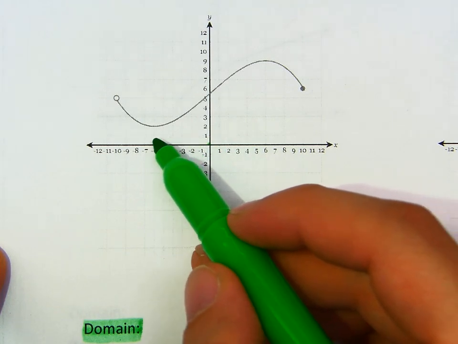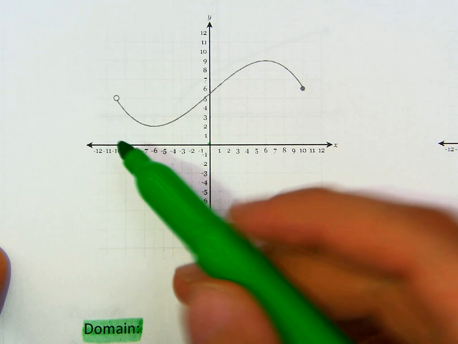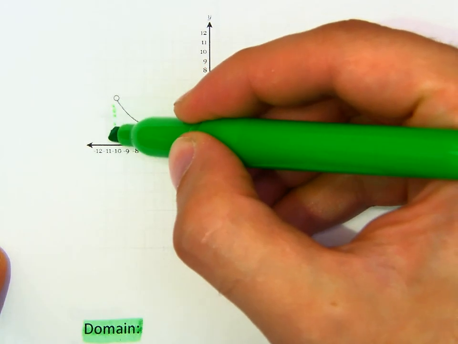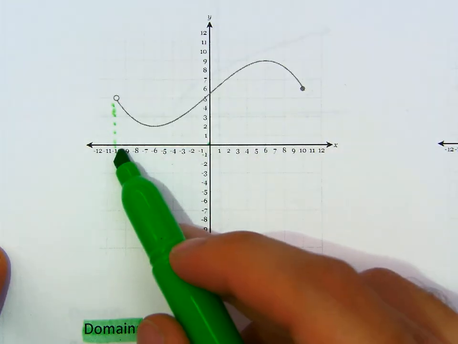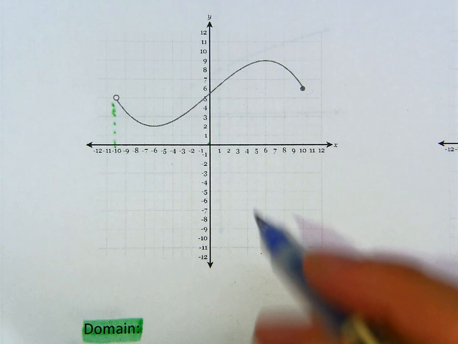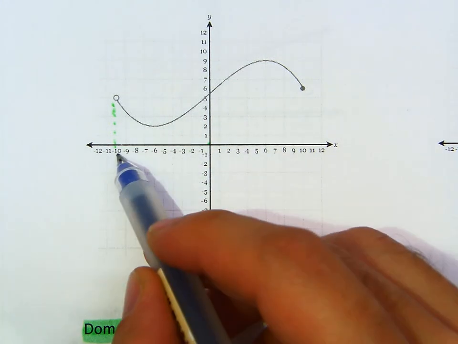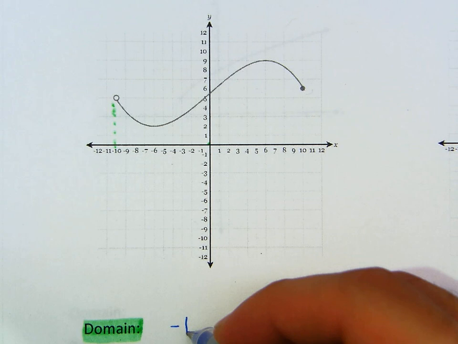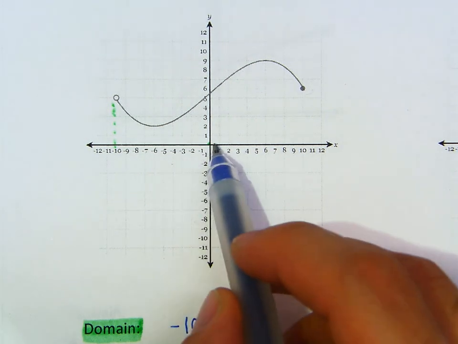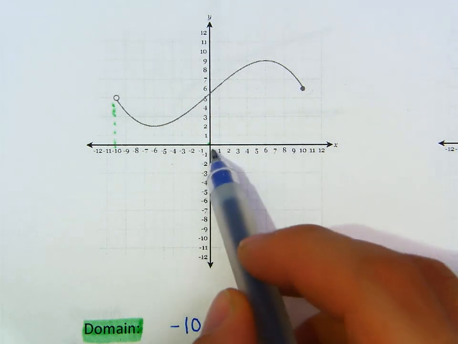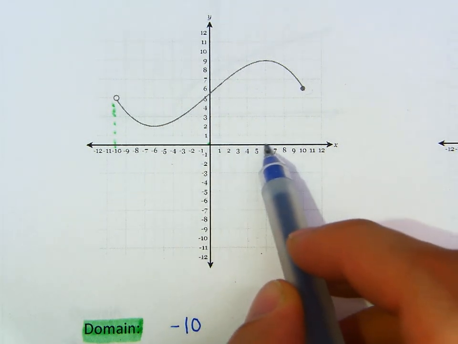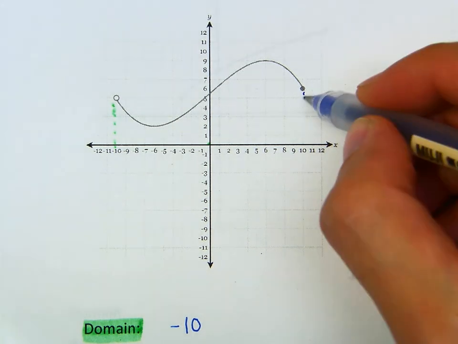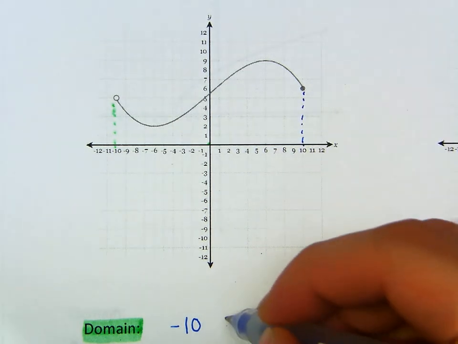Notice it stops here at -10. So -10 is the farthest left you can go, and here we're going to write -10. How far right can you go? We could go all the way to 10 over here, +10.